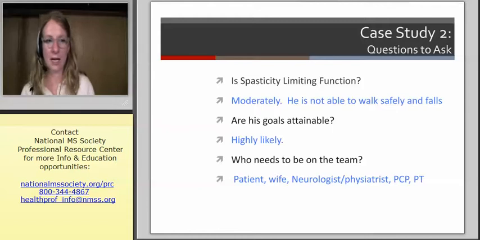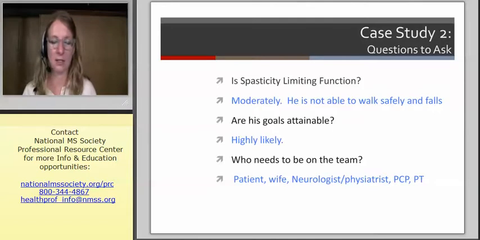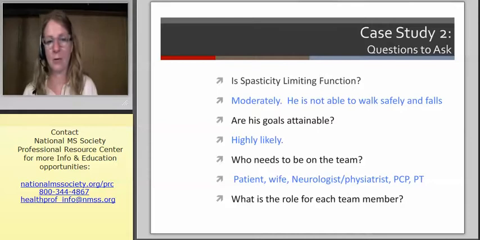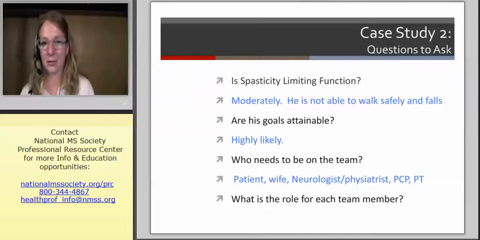But I've worked with this guy a lot, and his wife, and I follow up with him about once a month just to make sure everything's going okay and nothing's changing with him. And what was the role for each team member? Well, obviously the patient and his wife, they're the ones that have to go home with the treatment plan at the end of the day. He is currently seeing a physical therapist closer to his home, and I think he's just about to be discharged.